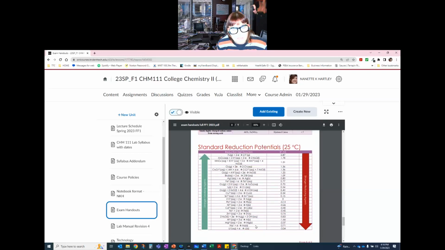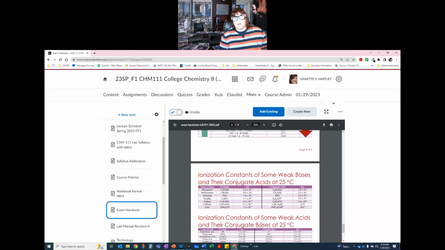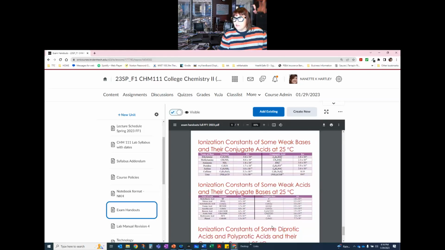I can look in my standard reduction potential tables to see if I see it here. And they don't. So at that point, I would go, I don't know what to do with it. And so you could ask me, what is it?